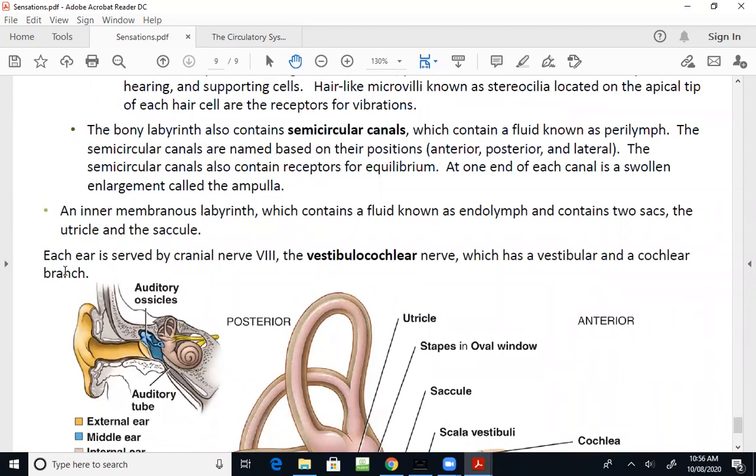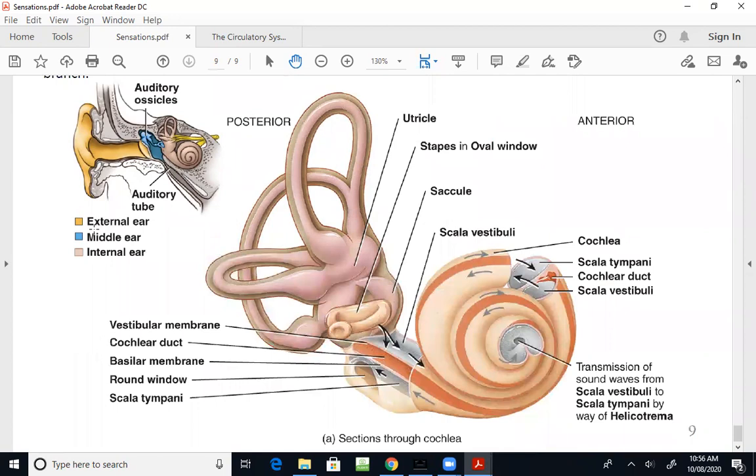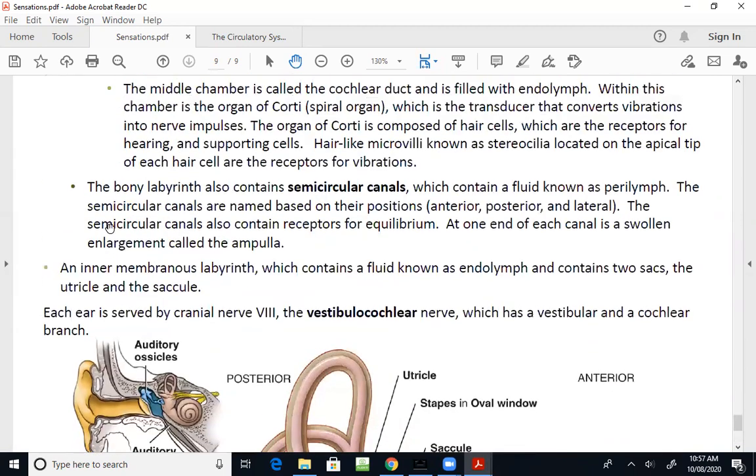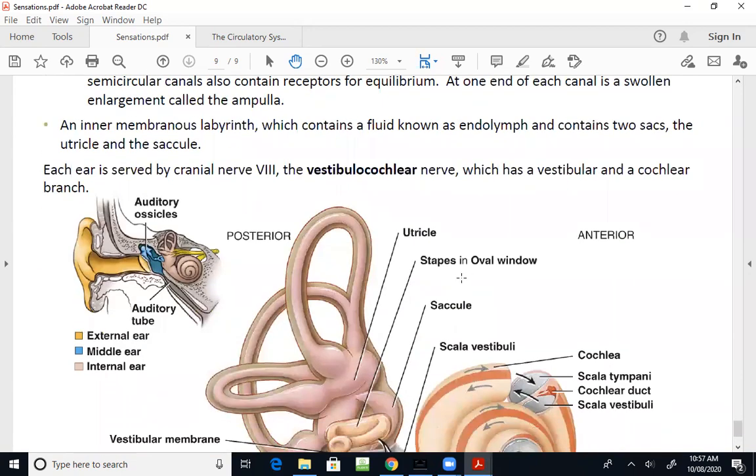The inner membranous labyrinth contains a fluid, once again, endolymph. It contains 2 sacs, labeled here, the utricle and the saccule, but this picture at the bottom is not important.